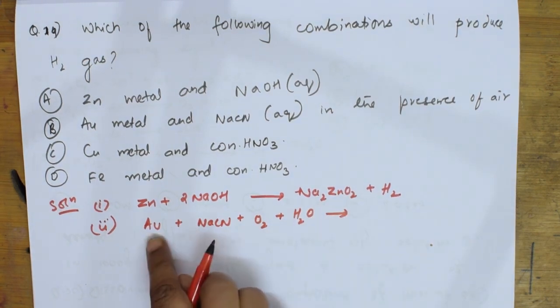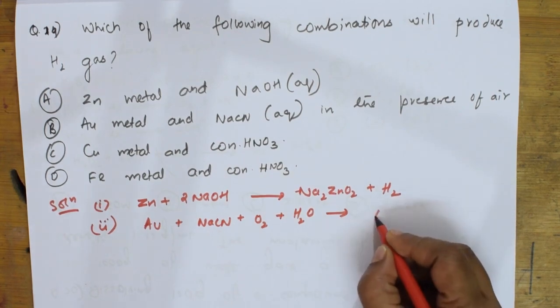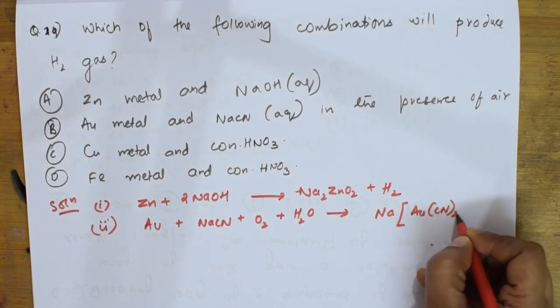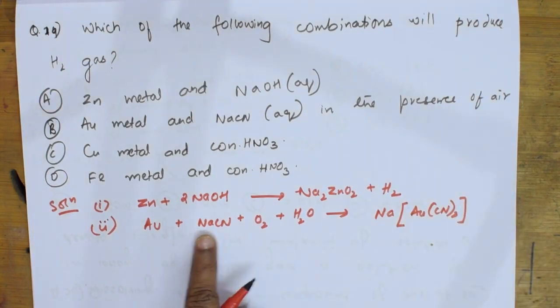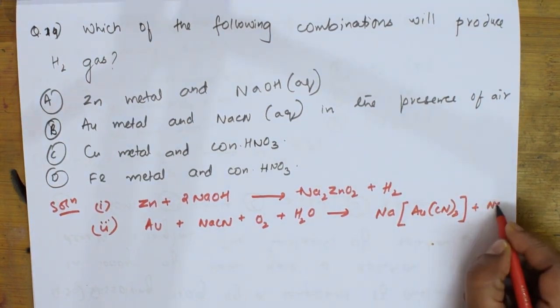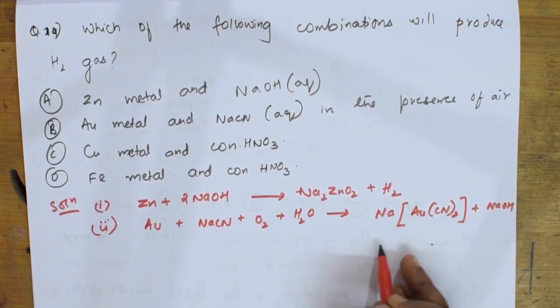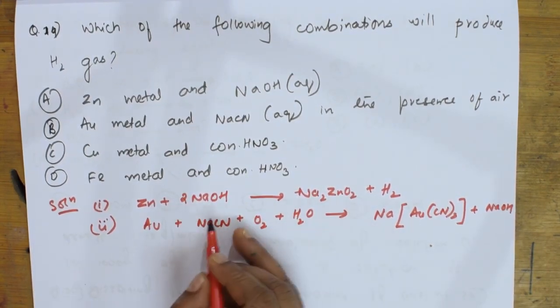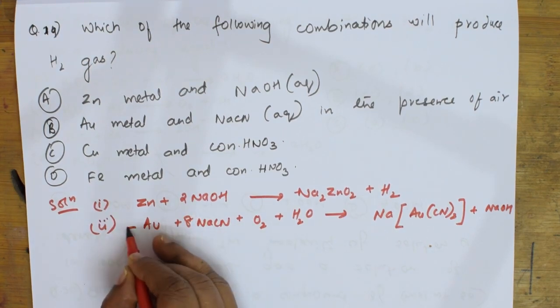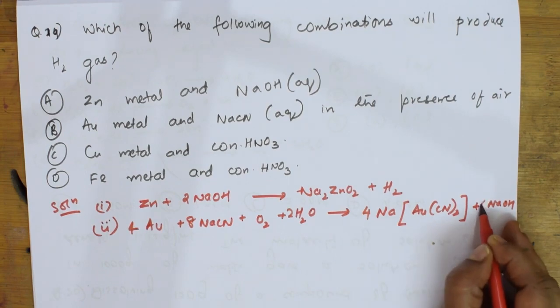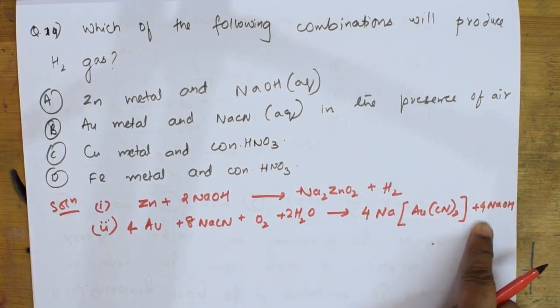This combines with gold, forming a coordinate covalent complex, plus sodium hydroxide, NaOH. Let me balance this: this is 2, this is 4, it becomes 8, 4, this is 2, this is 4. This is also 4. So there is no hydrogen gas in this.